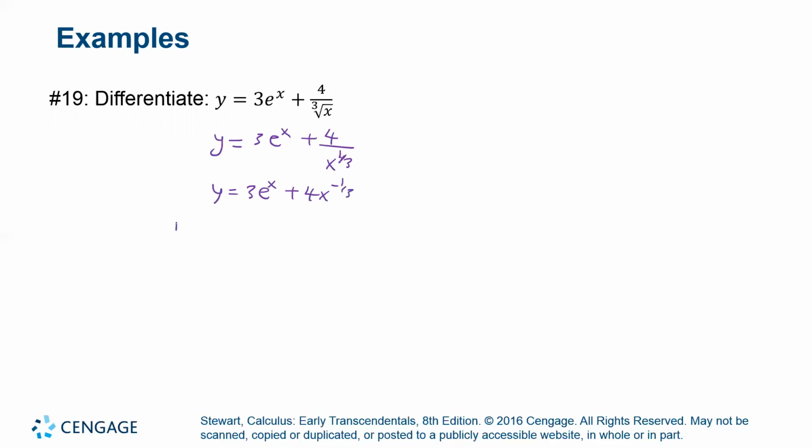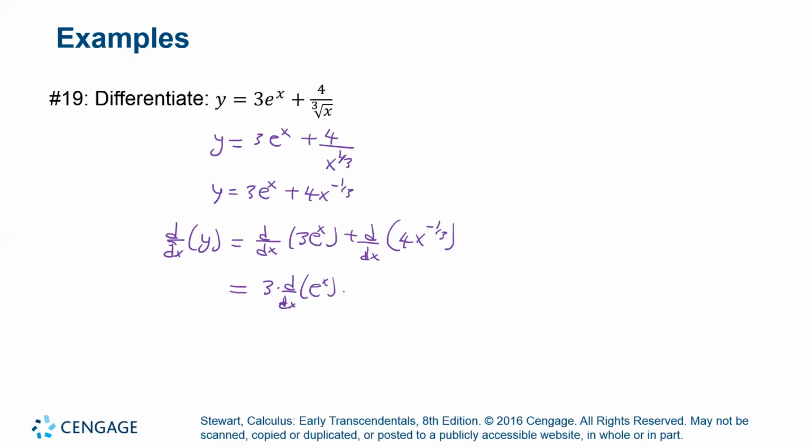Then if I find dy/dx of this, I find the derivative of each of the terms and add them together. If you have a constant, you bring it outside times the derivative of the function.